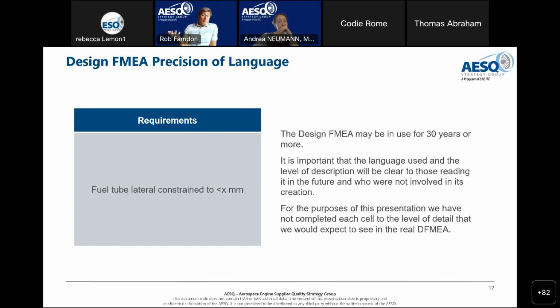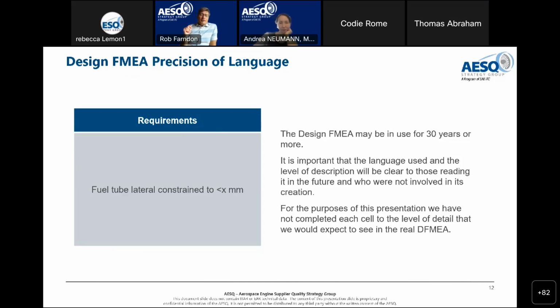Some DFMEAs might be that brief, but you might expect more words in a typical DFMEA. We tried to keep it brief so that we can explain it to you. But just remember, when you're back in the office doing your DFMEA work, precision of language: make sure it's absolutely explicit what you mean.